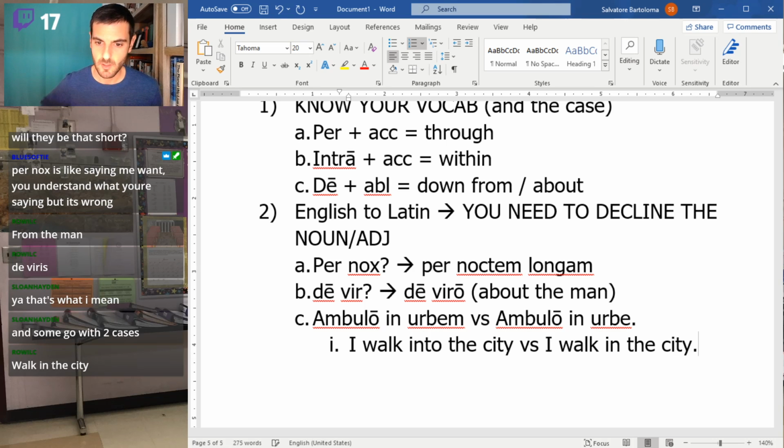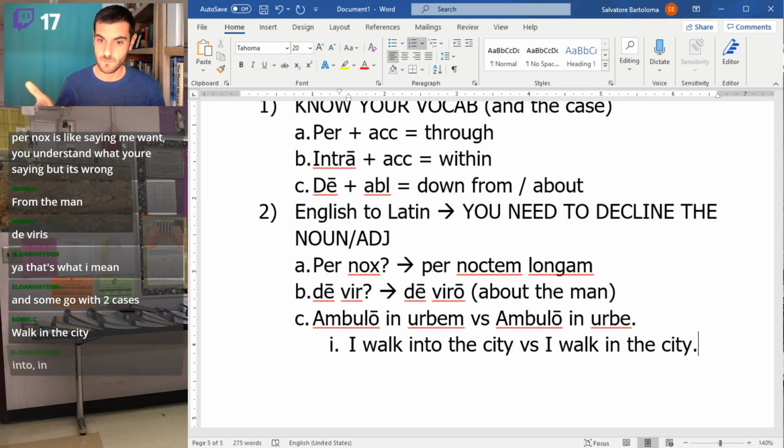In is a preposition that, if there is motion into something, goes with the accusative case. If there is no motion into a place, if you're just staying in the city, in urbe, you would use the ablative case.